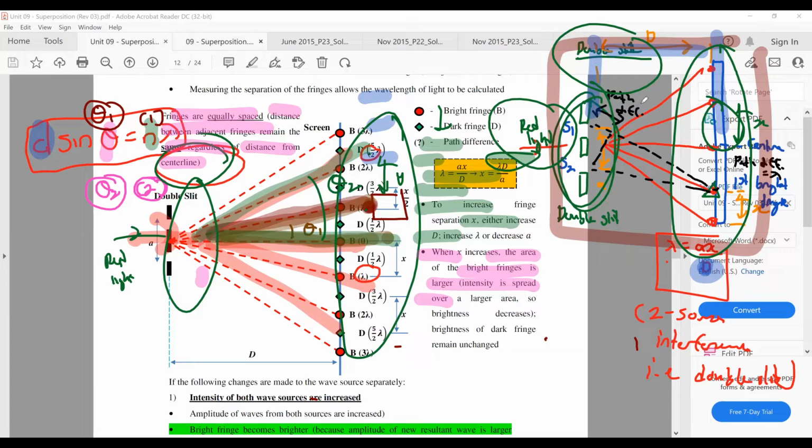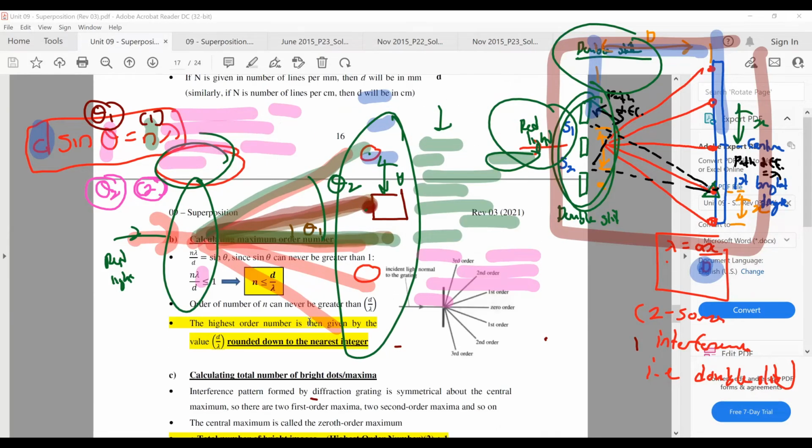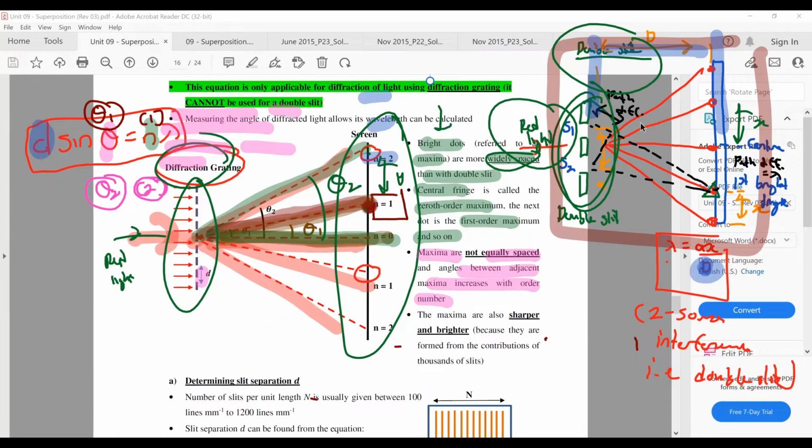So what I was saying was that if you go further away from your center line, the distance between the fringes does not change. If I look at the diagram on the right-hand side, if I go further away from the center line, this X and this X will always remain the same.